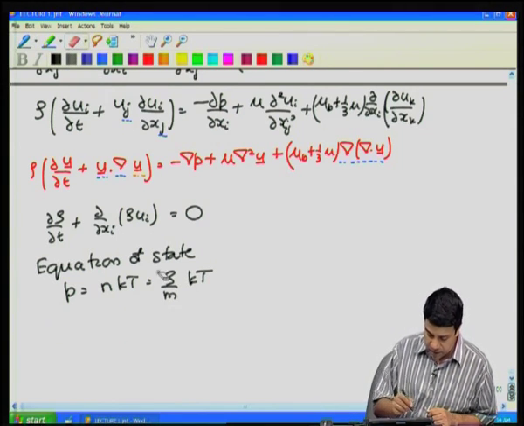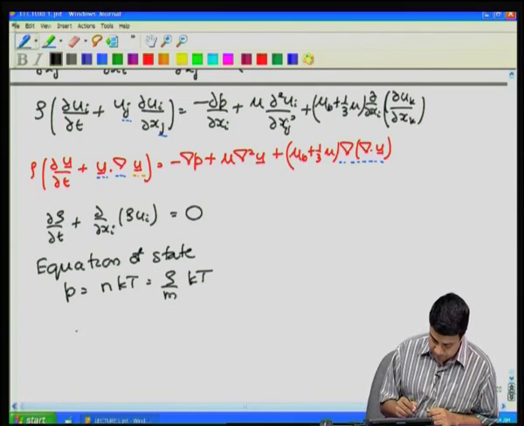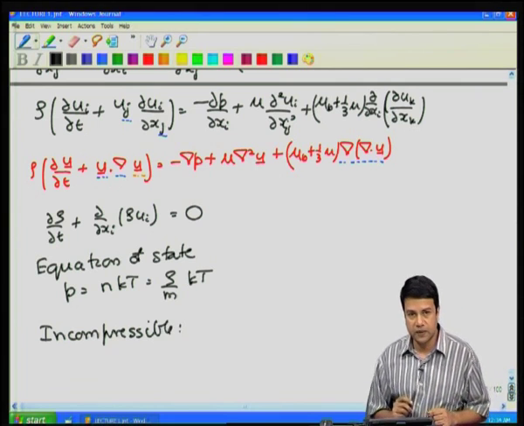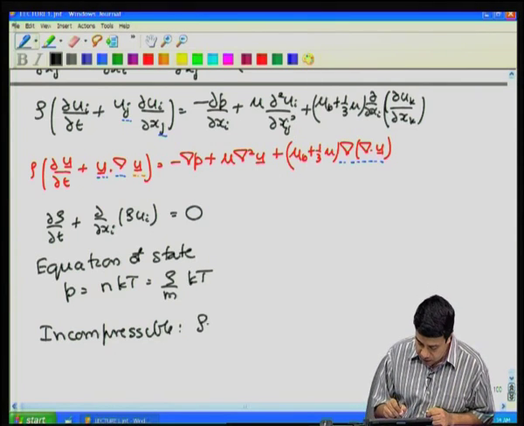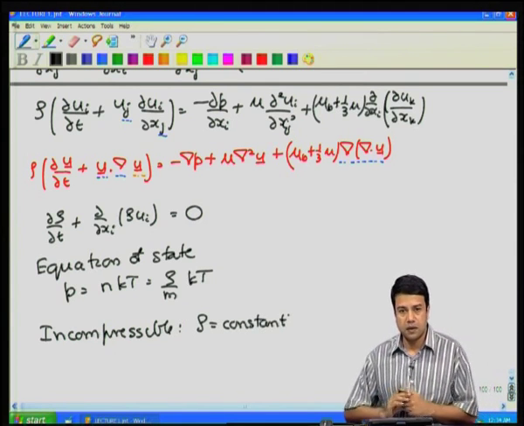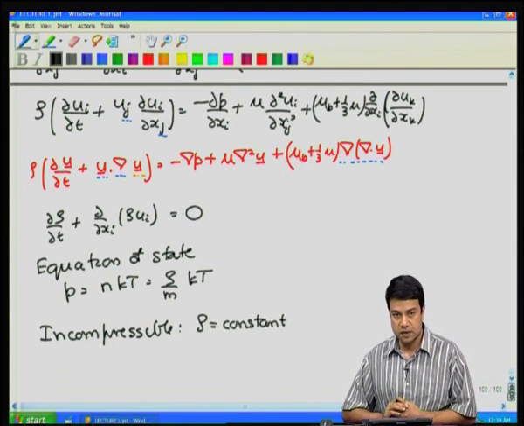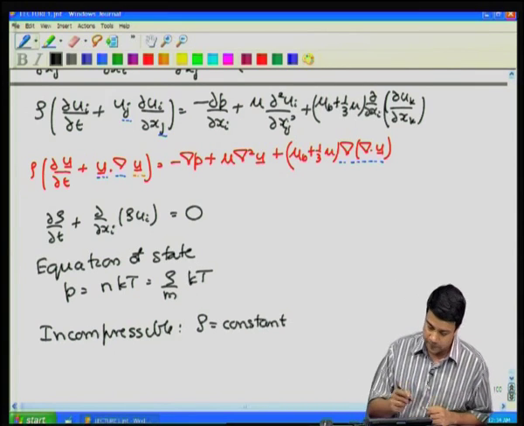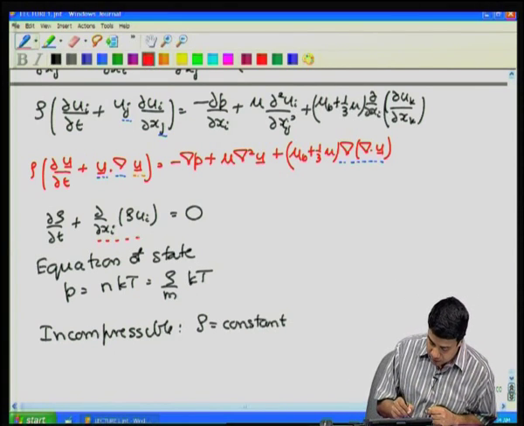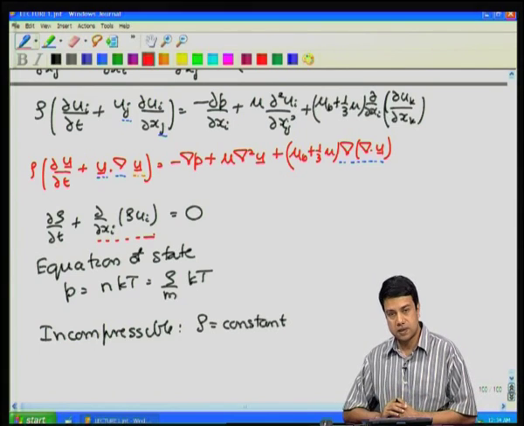The density is a constant. Now, if the density is a constant, I can also write the mass conservation equation in terms of the substantial derivative of the density by using the chain rule for differentiating this term.